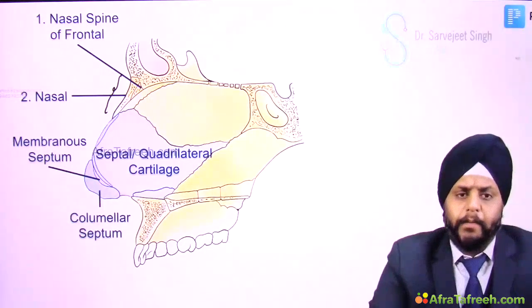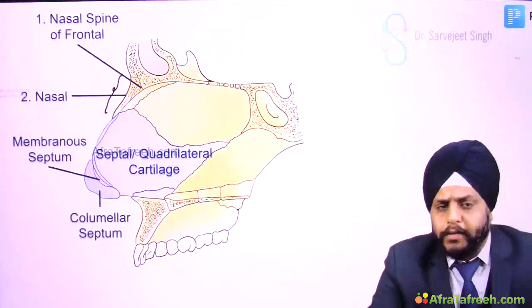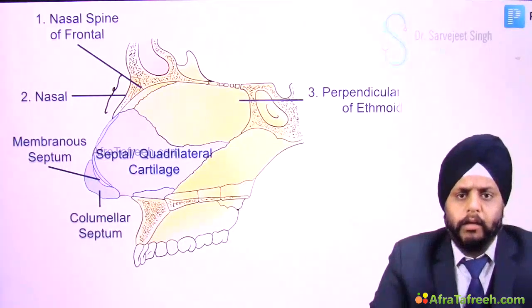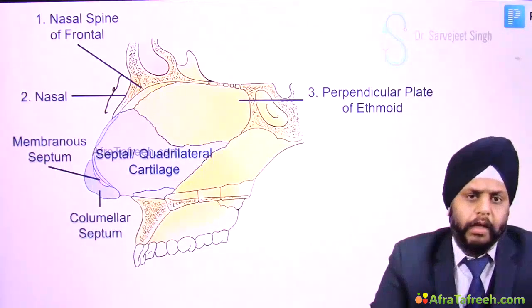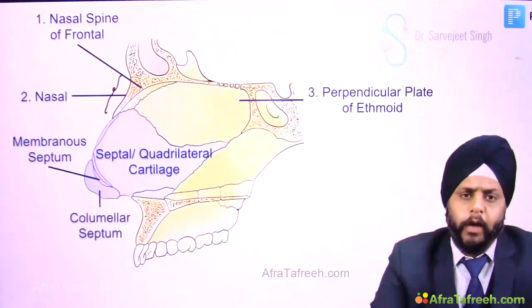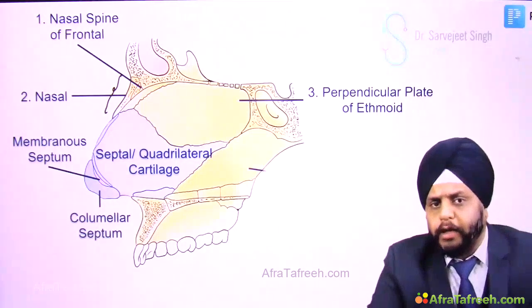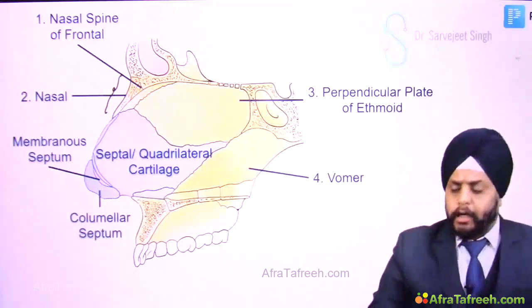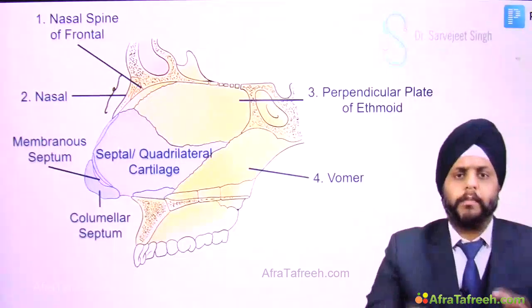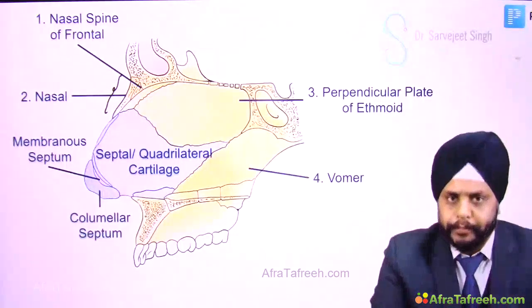This septal cartilage combines superiorly with the perpendicular plate of ethmoid bone, and posteriorly we have the vomer bone. So this bone and cartilage together form the nasal septum.